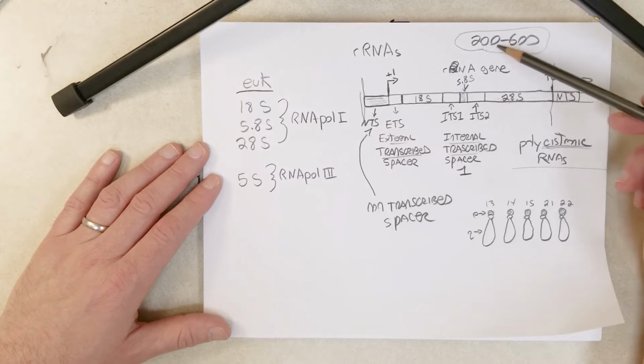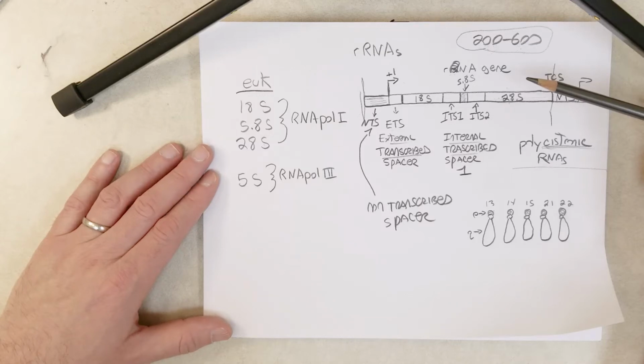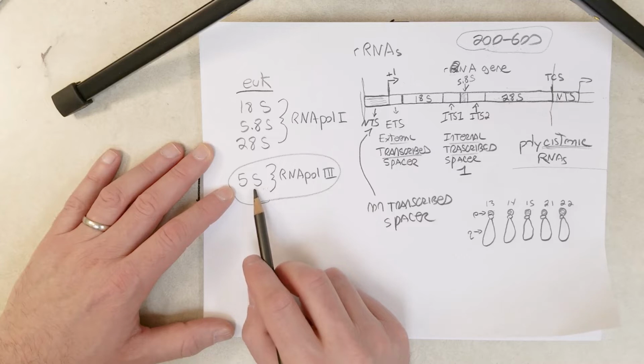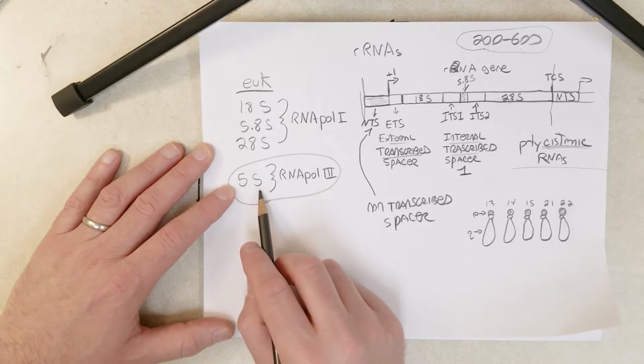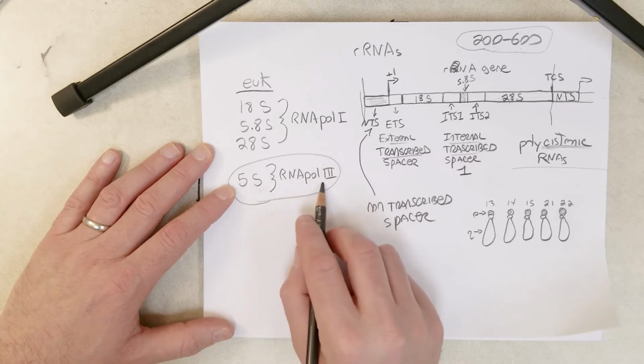And you can imagine why we have many of these, right? Because we need lots of ribosomes to synthesize all the proteins our cells need. Now this one right here isn't the gene for the 5S ribosomal RNA. That is transcribed by RNA polymerase 3.